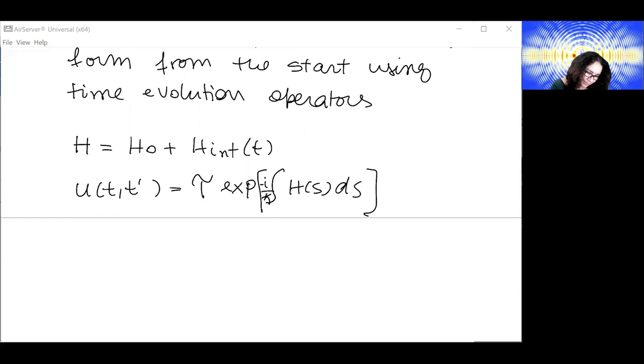The other one, U naught(t, t dash), is associated with H naught, which we can assume to be time dependent or time independent.